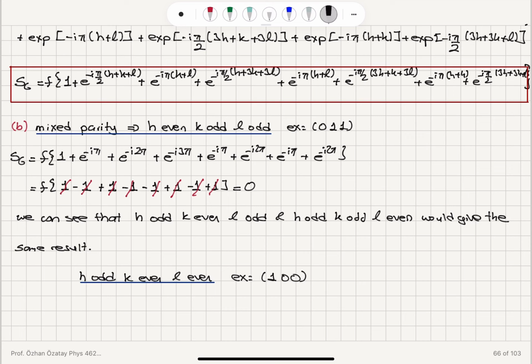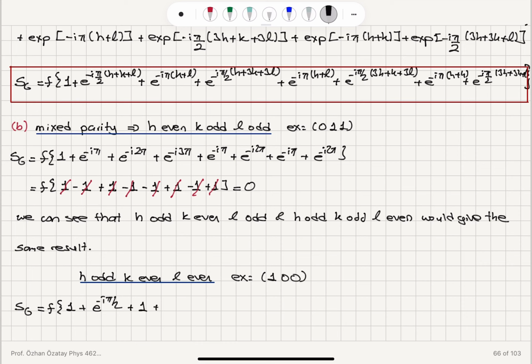Just to be sure here, the geometrical structure factor will be then F times 1 plus H is 1, K is 0, L is 0, so this gives us e to the minus i pi over 2. e to the minus i pi over 2. The third term, K and L are 0, so this gives us a 1, e to the i0, that's 1.